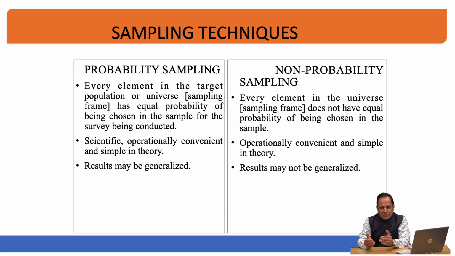Randomized means we are giving equal chance. Equal chance means the replica of the population, or in other words, the sample will be the exact representation of the population.